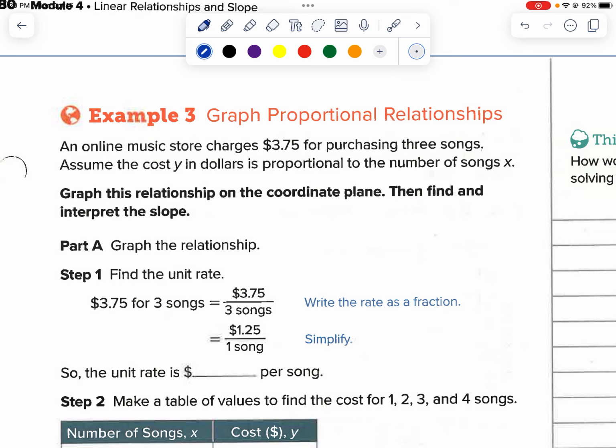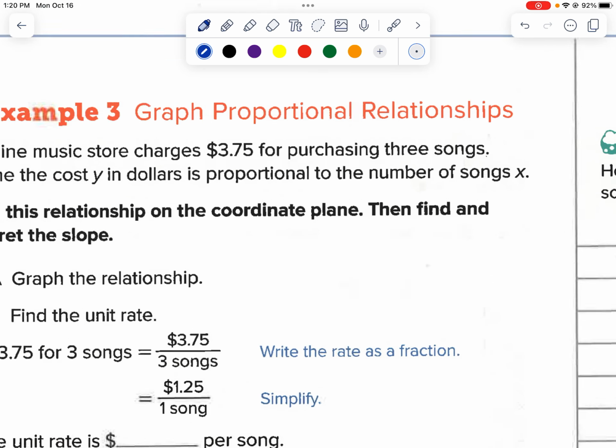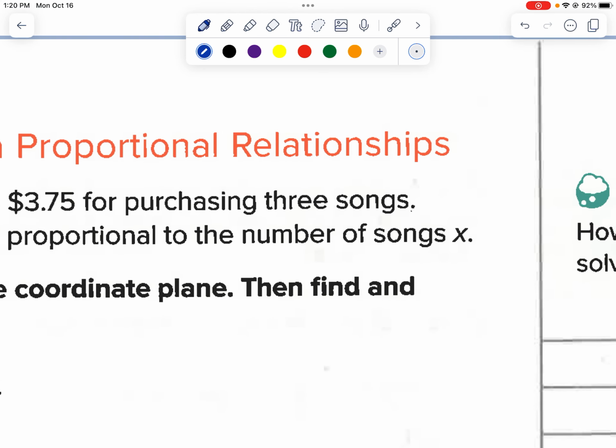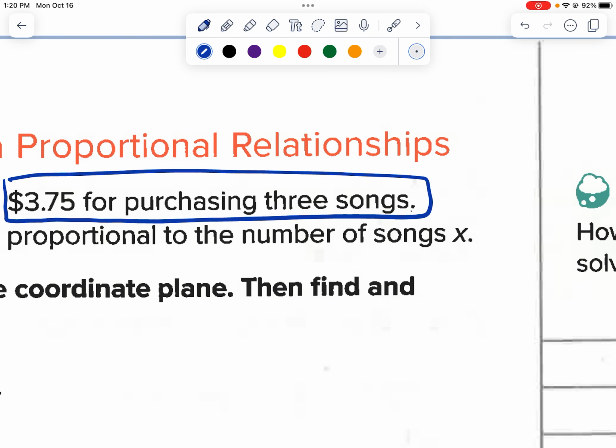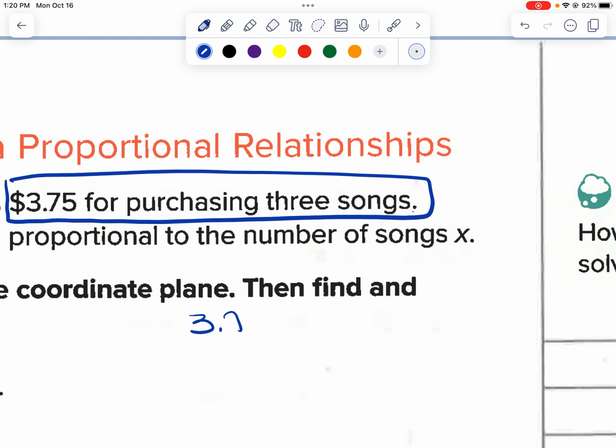Here we go. It says an online music store charges $3.75 for purchasing 3 songs. Okay, so when we look at this right here, and I want to make this a unit rate, I would do $3.75 divided by 3. When I do that, I get $1.25.